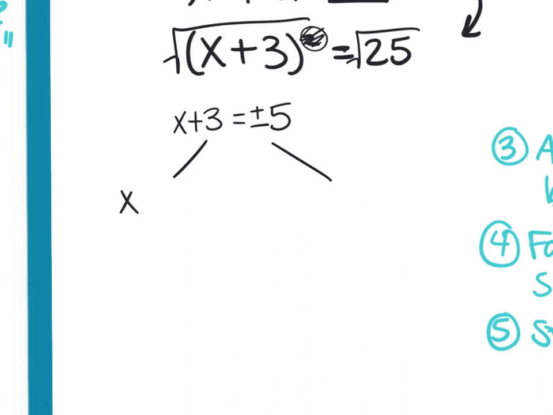And then I always split this into 2 to help me see it. So first equation would be x plus 3 equals what? What's our first option? Positive 5. And then the other equation would be x plus 3 equals negative 5. All right. Colin, how would we solve for x there? How would we move 3 to the other side? Exactly.